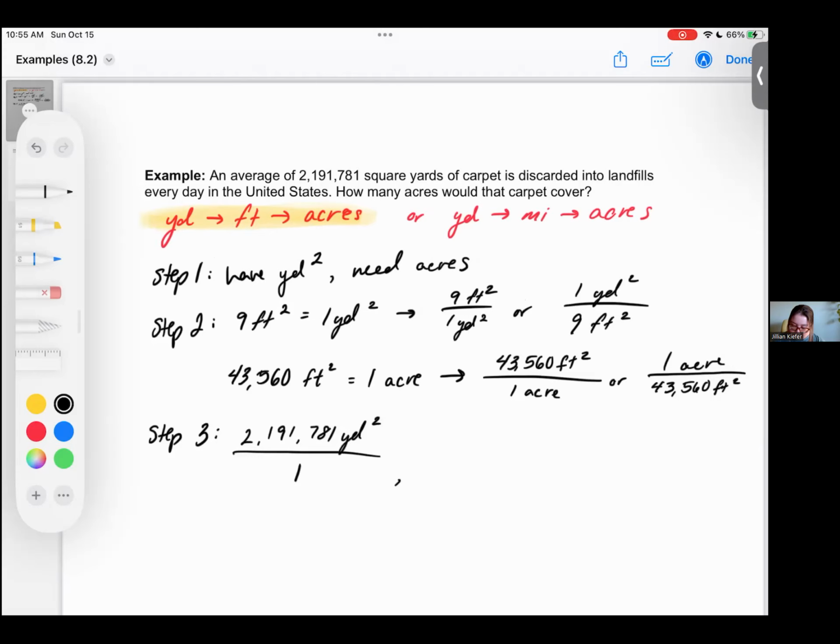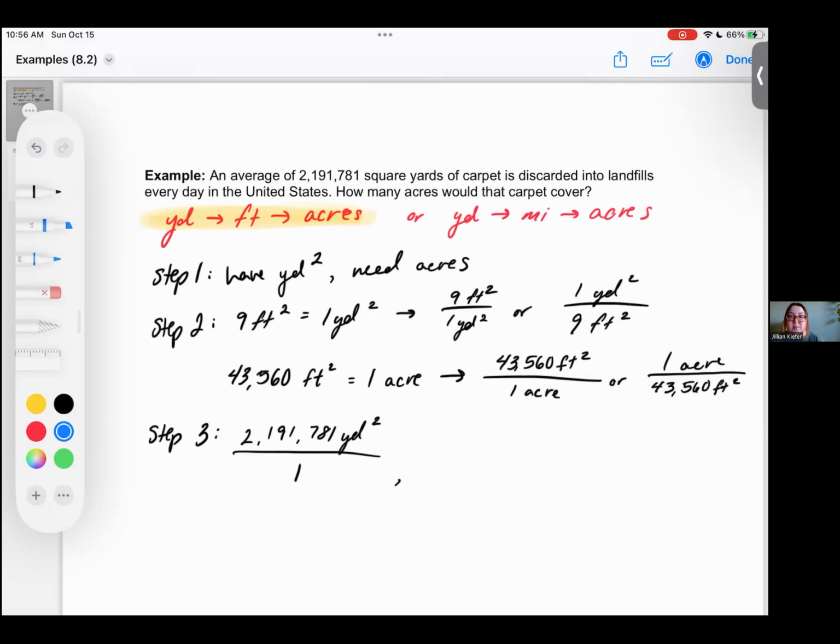Then we want to go into our next value here. We have yards squared, and we said we're going from yard to feet and feet to acres. So to convert yards into feet, our next ratio needs to be a yard to feet ratio, and yard squared has to be in the denominator.